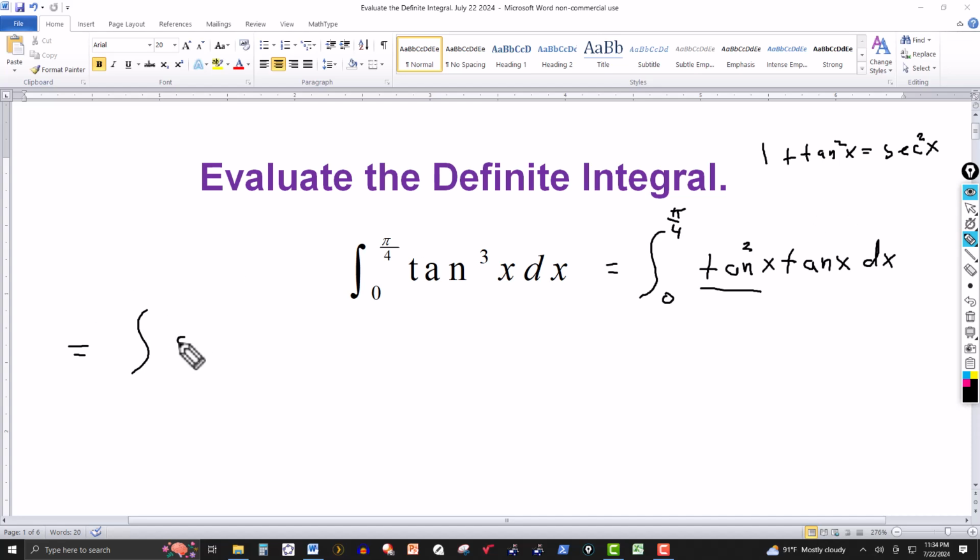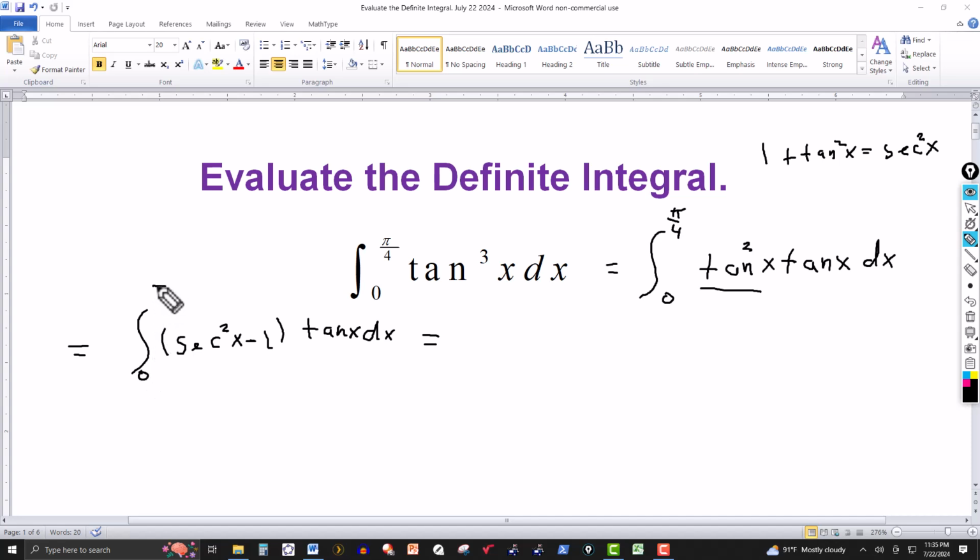So let's write this over here: secant squared x minus 1, and then that's multiplied by tangent of x dx.